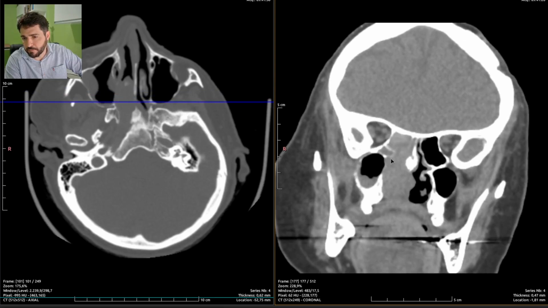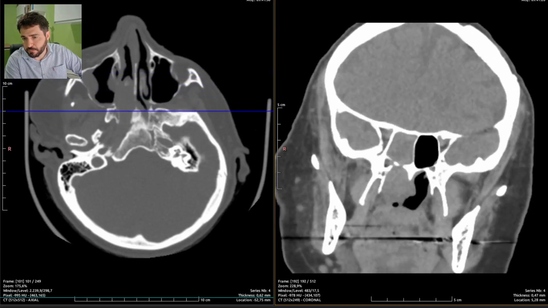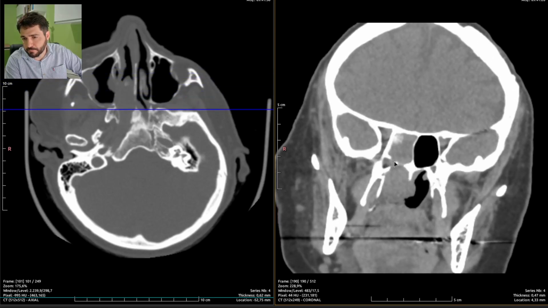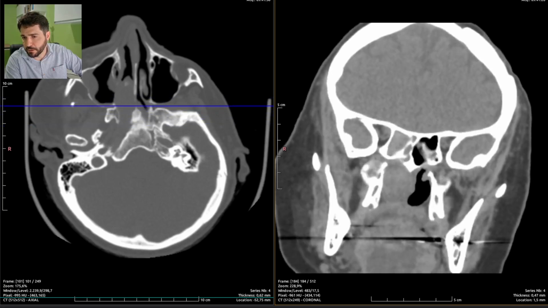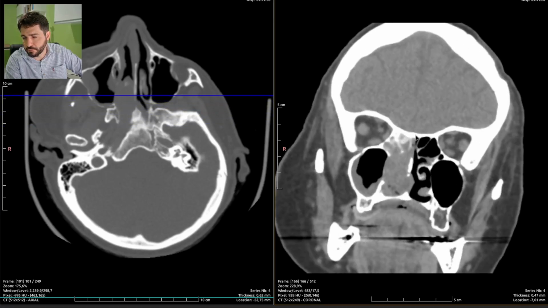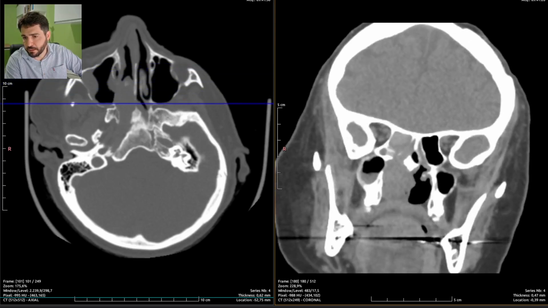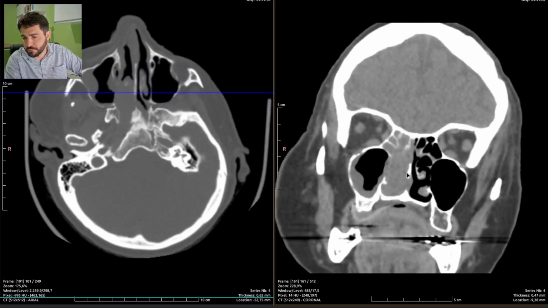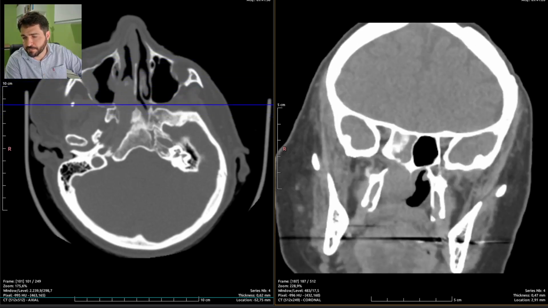It's very aggressive. There is bone erosion all over the place. Bone erosion on the floor of the sphenoid sinus, also of the ethmoid bone, and also erosion of the osseous nasal septum.